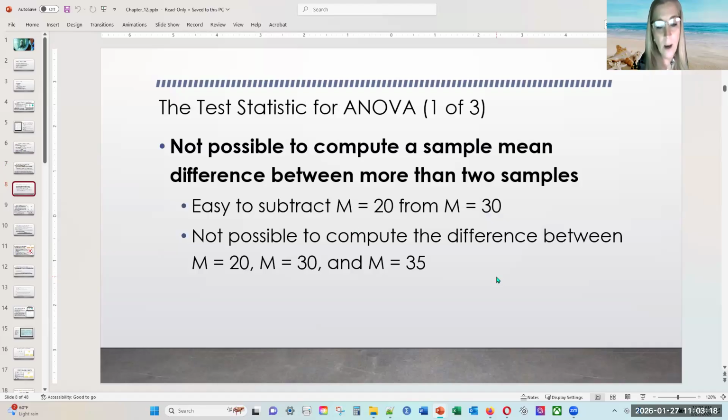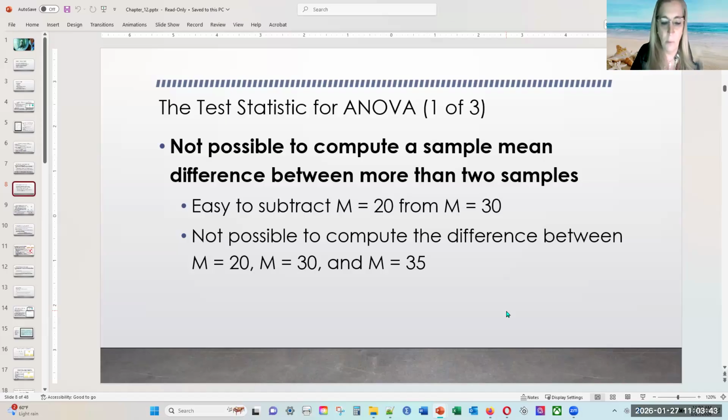All right. So here's another thing too. If you think about it, it's really not possible to compute a sample mean difference between more than two samples, right? Say you have 3 levels or 3 groups in your factor. It doesn't make sense to say the mean of group 1 minus the mean of group 2 minus the mean of group 3.